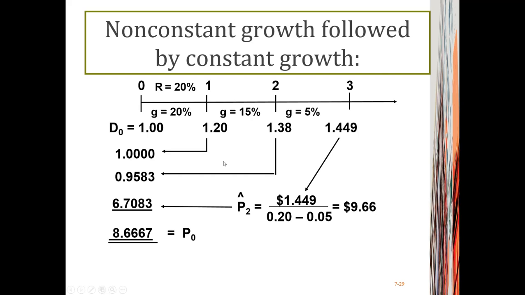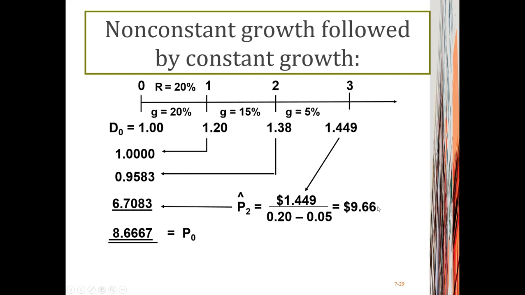And this picture shows you the process of solving this problem based on the two-stage model. In the first stage, here is year 1 and year 2, and we discount those two cash flows, right? And for the third year and the time periods beyond, we apply the Gordon growth model. This $1.45 dividend is pretty much like a D1 in the Gordon growth model, and we apply this to get the future value of the stock at the end of the second year, which is $9.66.